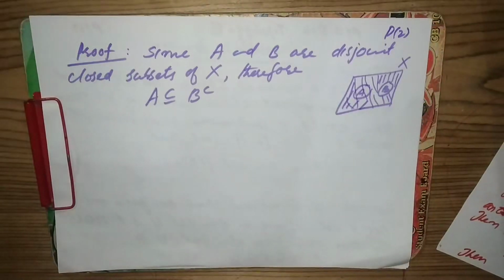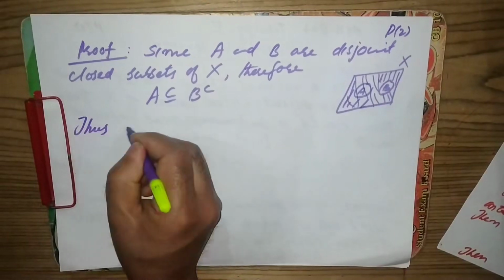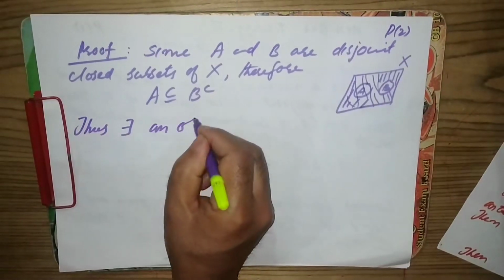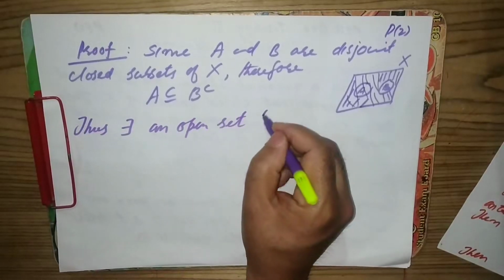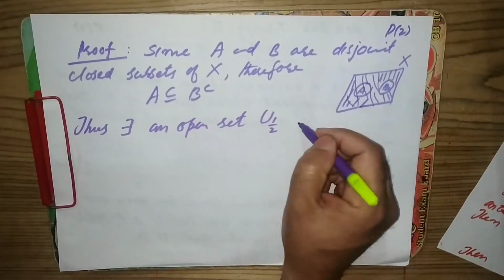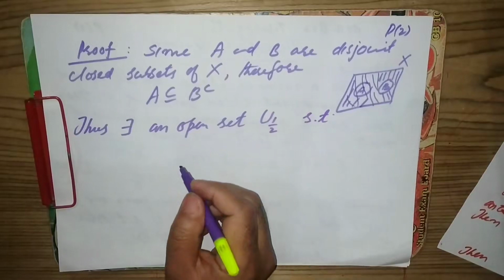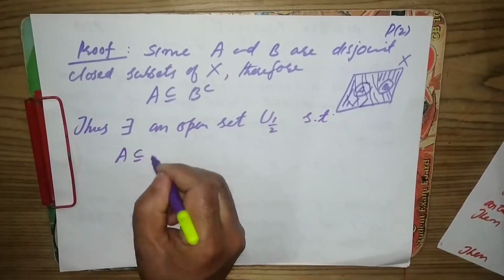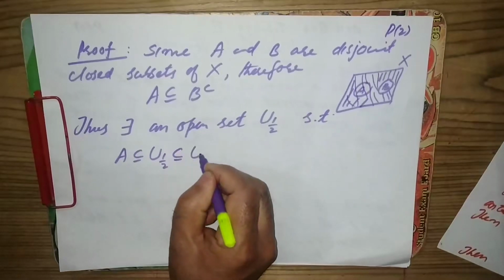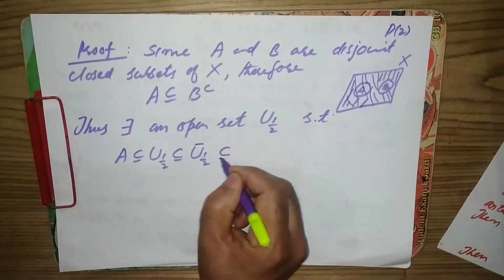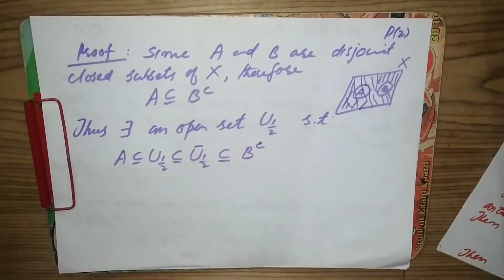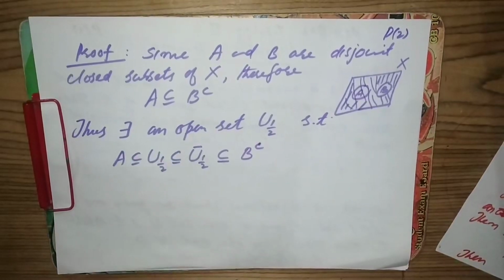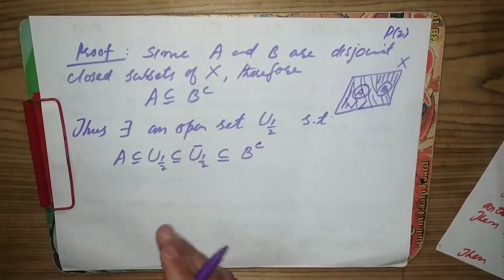There exists an open set, which we denote by U_{1/2}, such that A is a subset of U_{1/2}, closure of U_{1/2} is a subset of B complement. That's Lemma number 2.